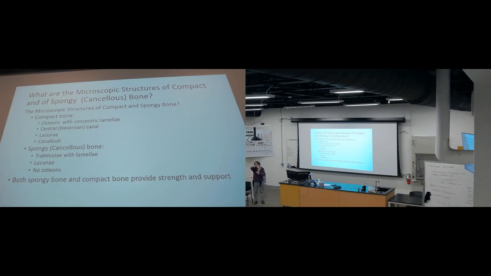So around the central canal you have concentric layers of bone that we call the concentric lamellae. And within these concentric lamellae, we have the spaces where we keep the cells of the bone.